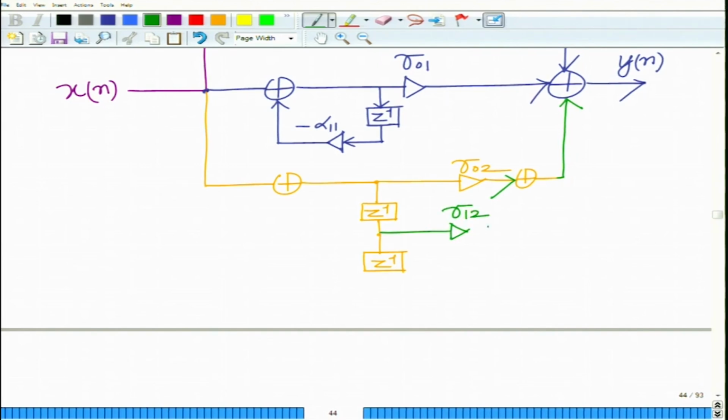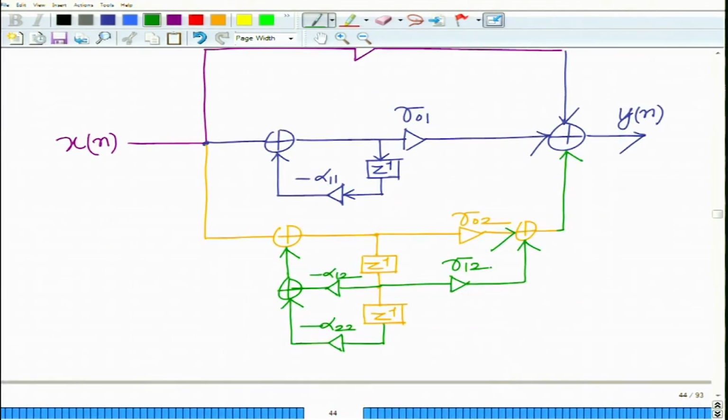all right, and this is minus alpha 1 2, and this last gain here is minus alpha 2 2, all right, and therefore, you have these various branches, and this is basically your parallel form.